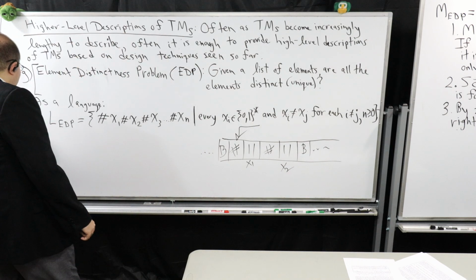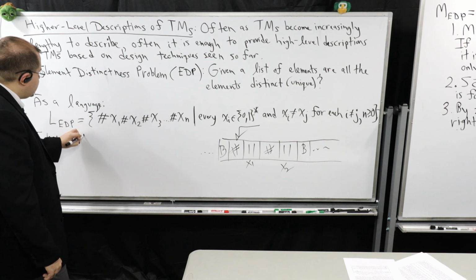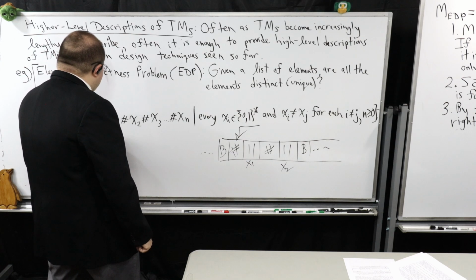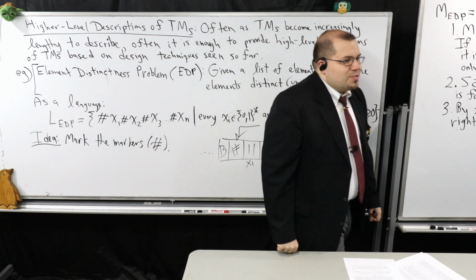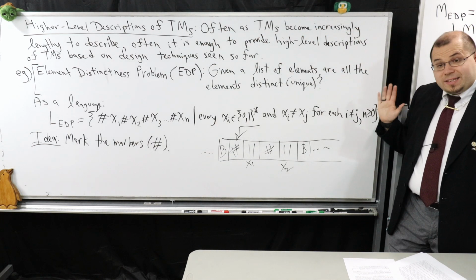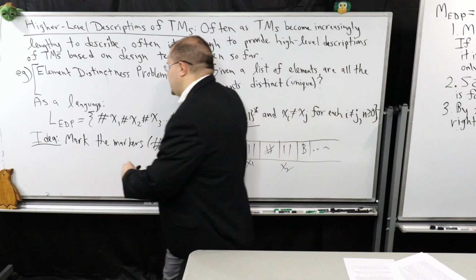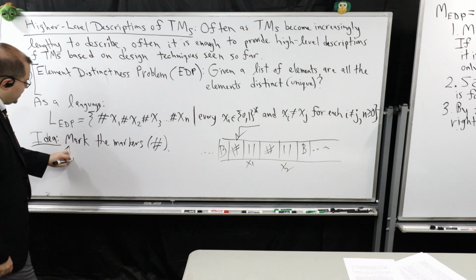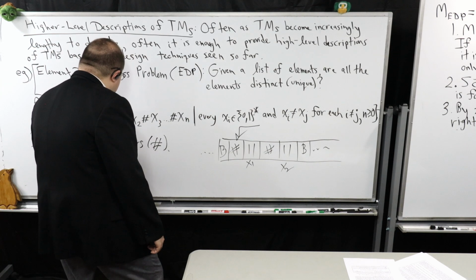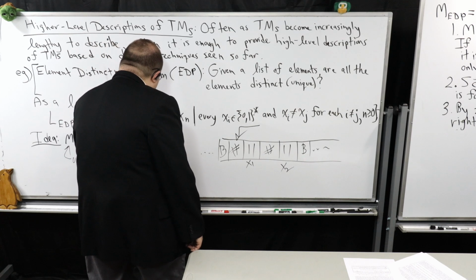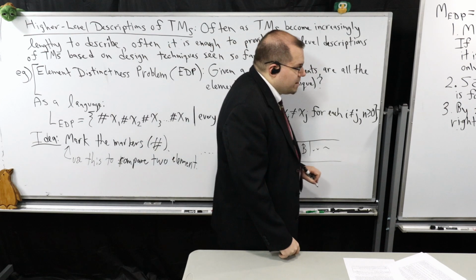We've got the building blocks for this. Here's an idea. I'm going to mark the markers, which are my number signs. I'm going to designate them a special symbol when I'm going to compare 2 elements. I'm always going to make sure I'm only marking 2 of these elements at a time.